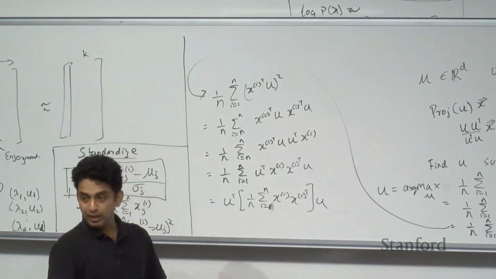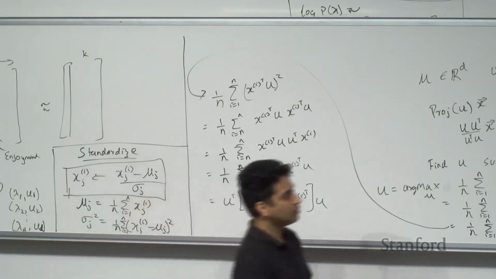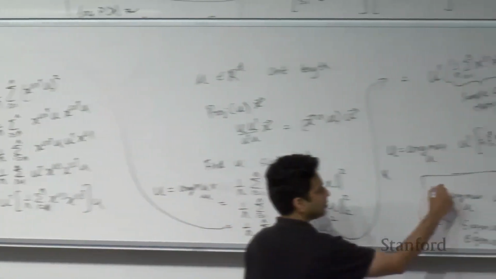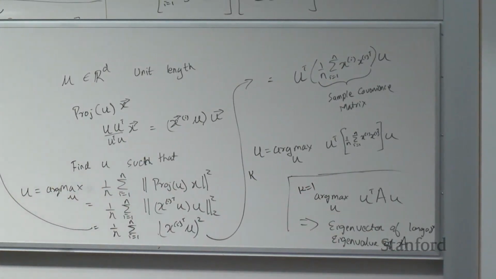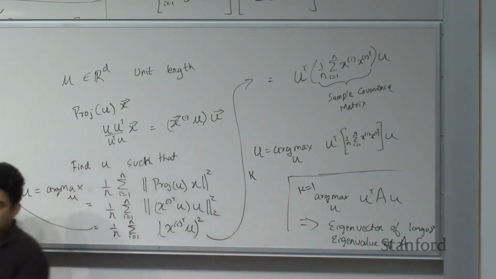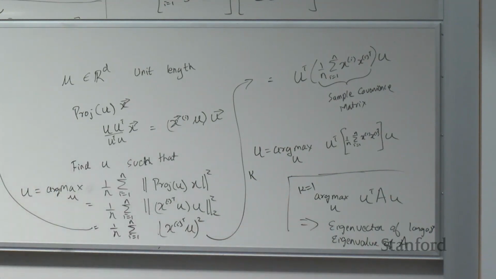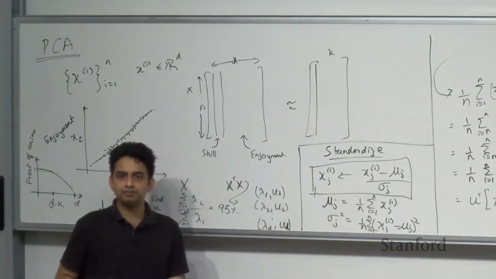That was K equals 1. If you want K to be larger, then just do the full eigen decomposition rather than just this optimization, because this just gives you the top eigenvector. So instead do the full eigen decomposition and hold on to the top K eigenvalue-eigenvector pairs.